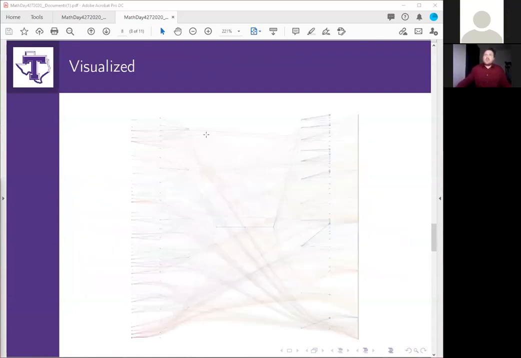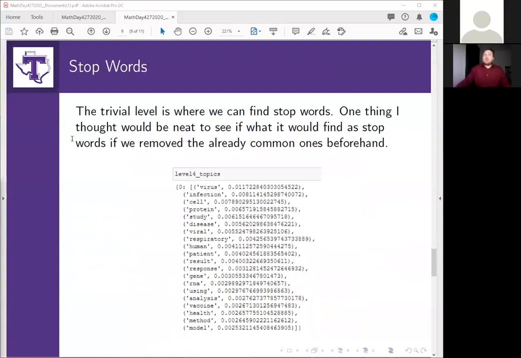And so here is that algorithm described in that paper run over our documents. And you can see the hierarchical structure that's forming as it goes in with that single node in the middle connecting them. And all of these branching edges that are coming out here with the different colors represent the different topics for those levels. And so the trivial levels we can kind of think of as stop words.